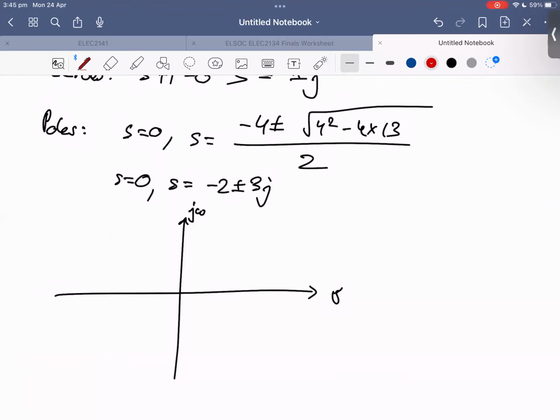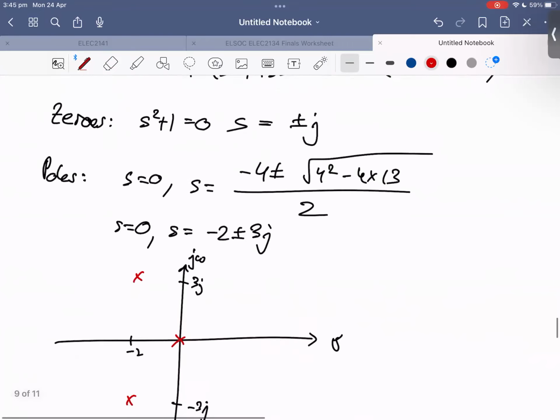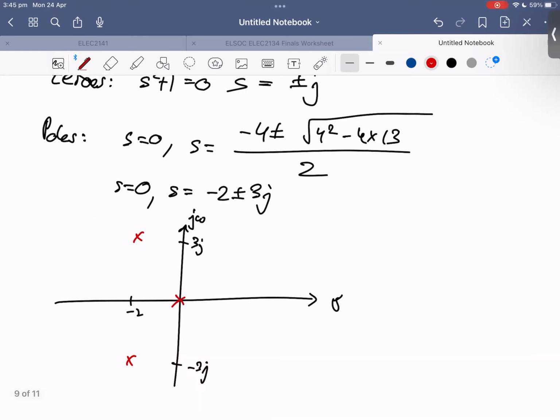So the poles, there's one at 0, and there's one at minus 2 plus or minus 3j, so over here and over here. And then I've got 2 zeros at plus or minus j. So this is j, this is negative j, and I've got 2 zeros there. Cool, and that's how you do it.